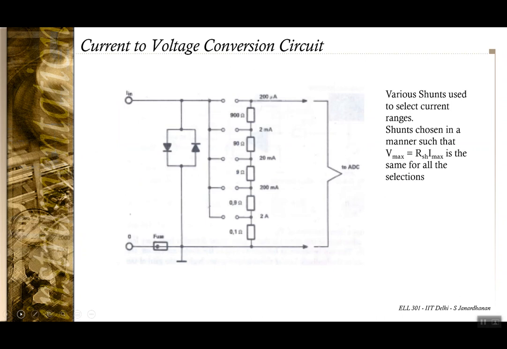So you have an overload protection circuit here. Okay, and let us say when there is a current coming in, it passes through a bank of resistors, and so when you have a current I that goes through a resistance R, then the appropriate voltage V equal to IR is being measured by the digital voltmeter circuitry.